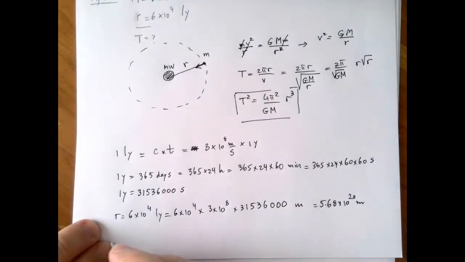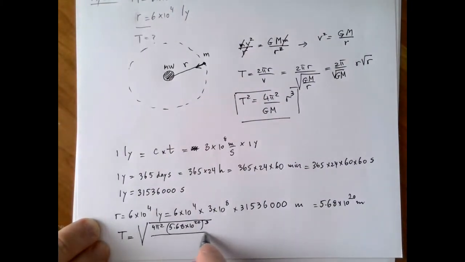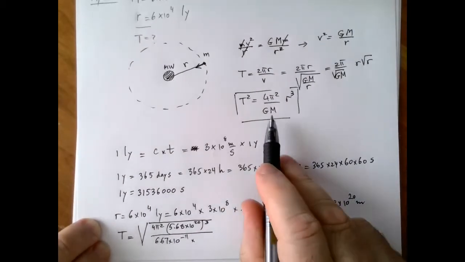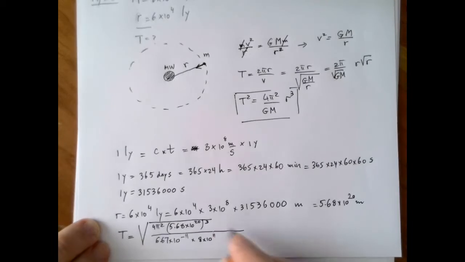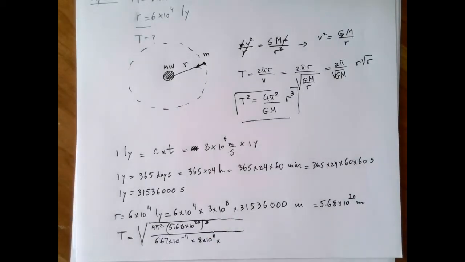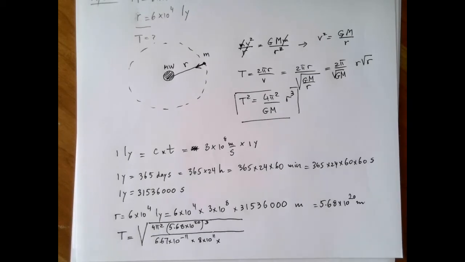So now if we come back here, the period will be square root of 4 pi squared, radius cubed, so 5.68 times 10 to the 20th power cubed, divided by 6.67 times 10 to the negative 11, which is G, and the mass, 8 times 10 to the 11, multiplied by the mass of the sun, which is given in our book somewhere.